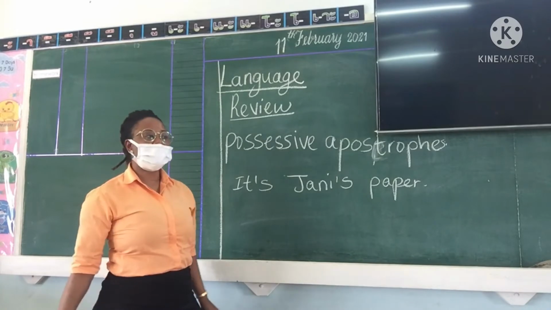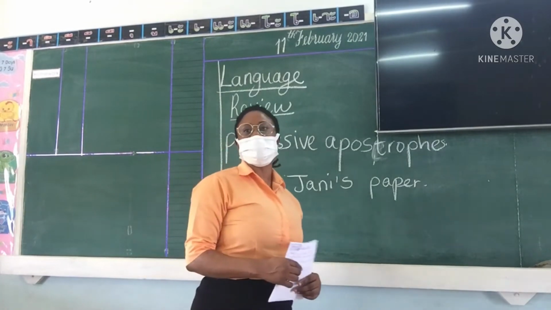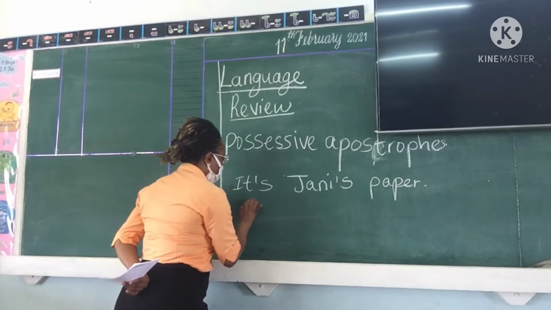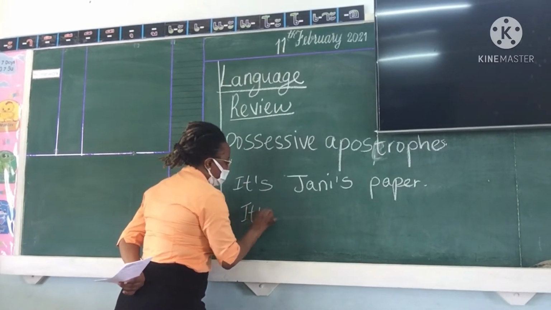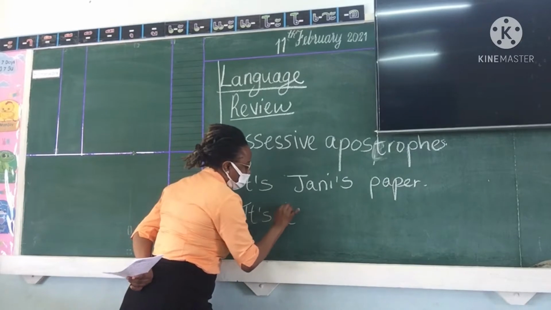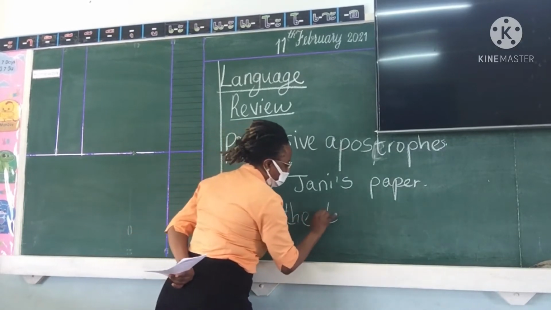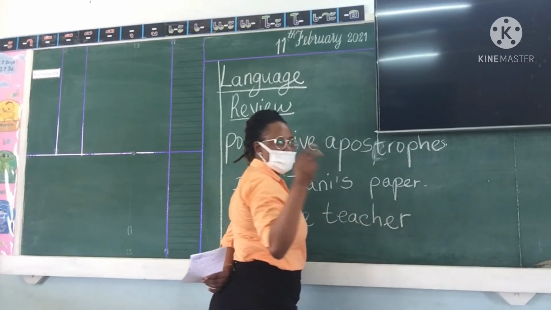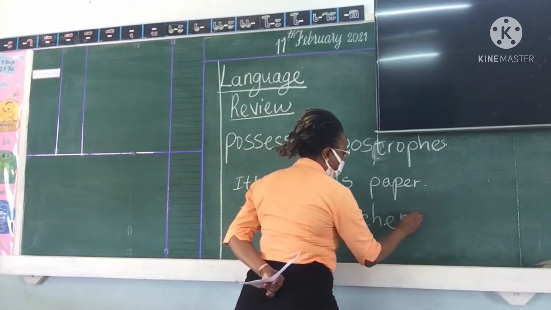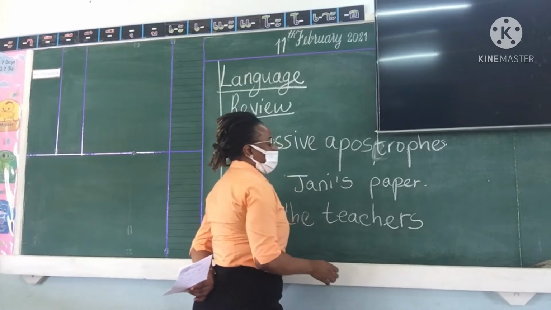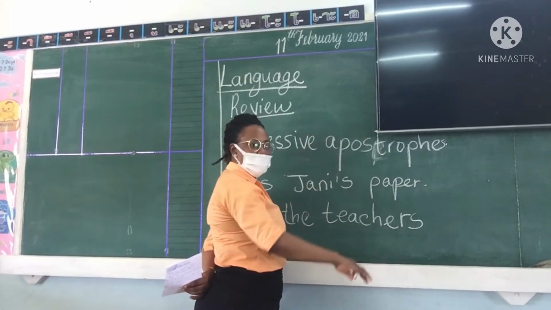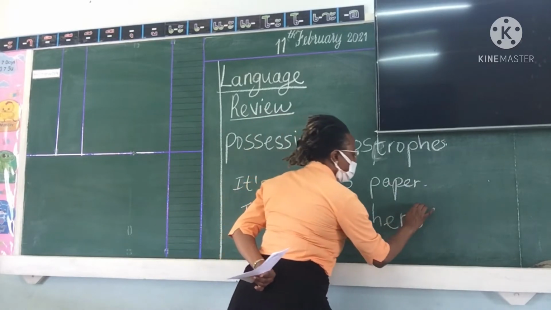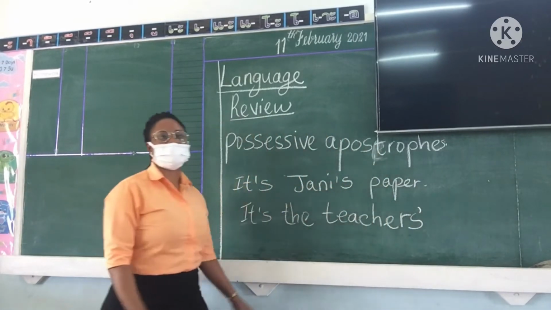Okay? But if the paper belongs to two teachers, what do you say? It's the teachers'. How many teachers? So what do we add? S. So we don't need to add another S before we write the apostrophe, but we just do the apostrophe.